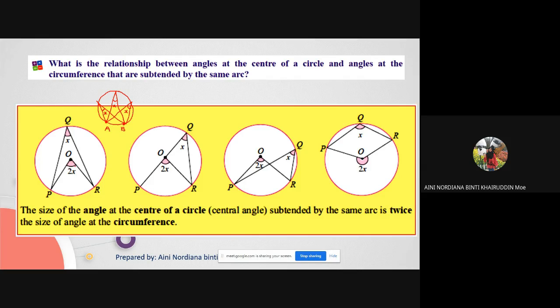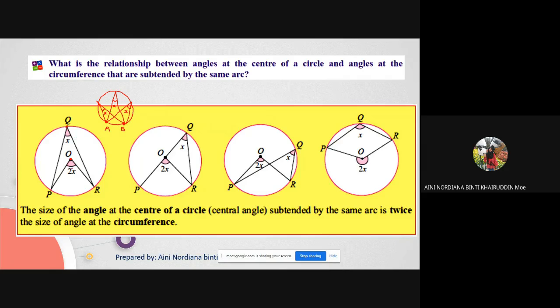Now, angle at center. So this is center. Angle at center and angle at circumference subtended by the same arc, then the angle at the center is twice the angle at circumference.